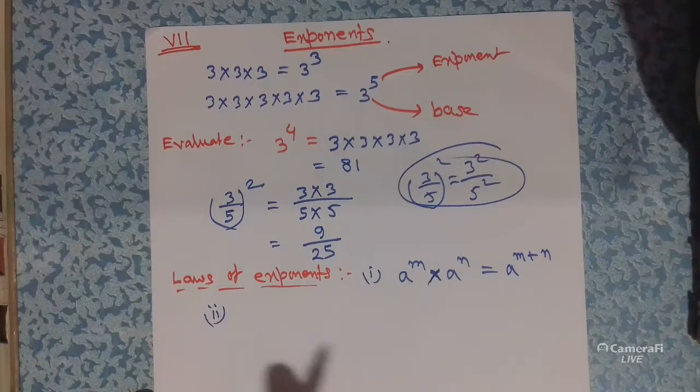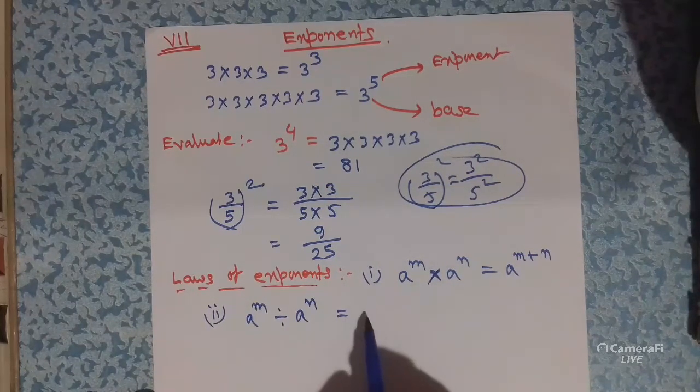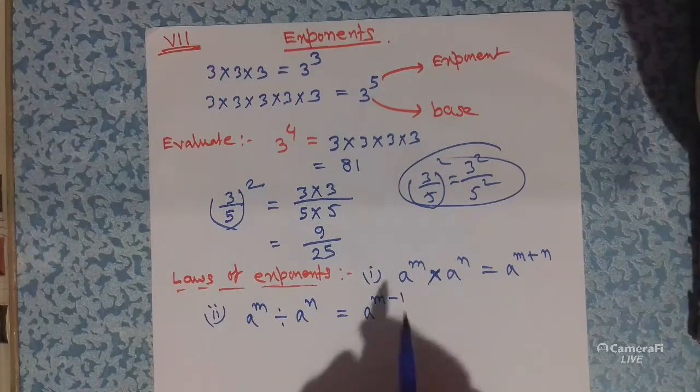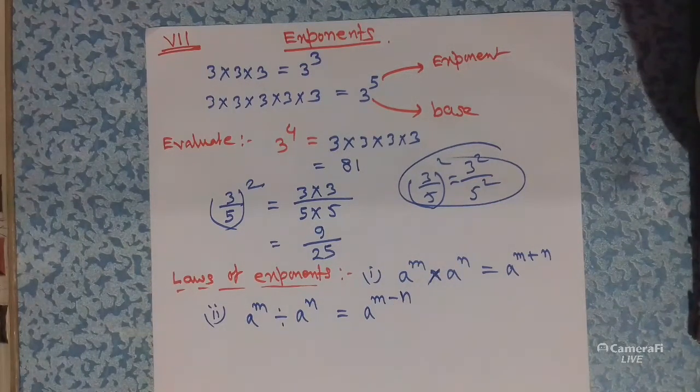Similarly, if a to the power m divided by a to the power n, then it can be written as a to the power m minus n. So here you can see that the bases are the same but the powers are different, and in between them a division sign is there. So in that case, powers, that means exponents, should be subtracted.